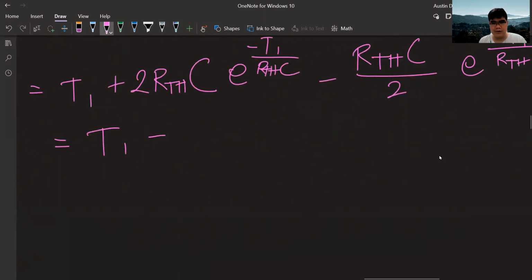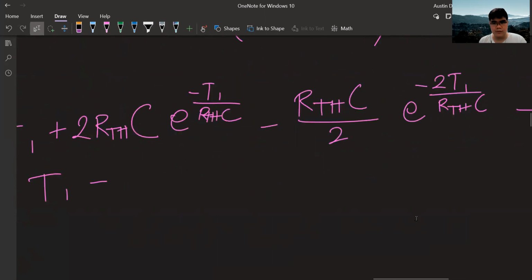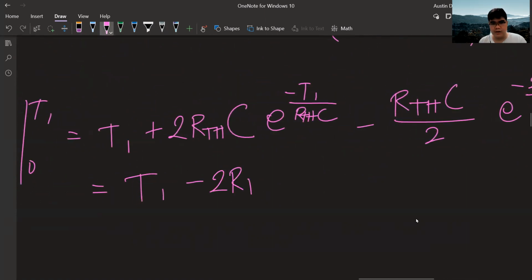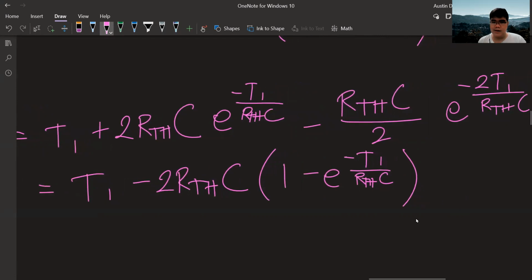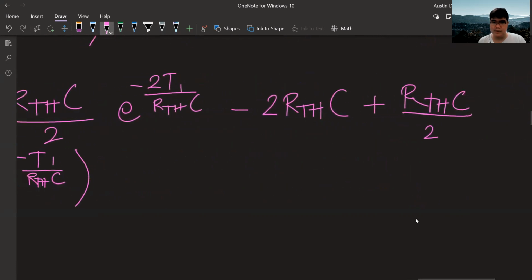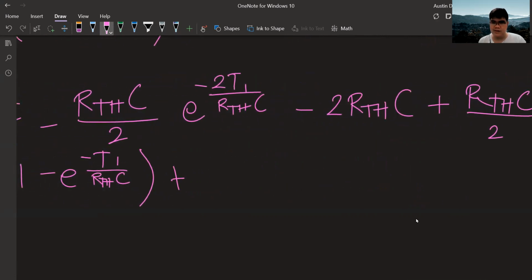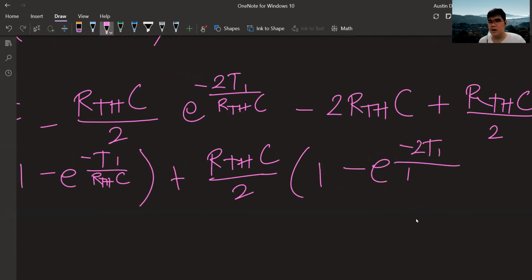So t1 minus 2 R_th C times 1 minus e raised to negative t1 over R_th C, and then the other guy is plus R_th C over 2 times 1 minus the exponential, which is e raised to negative 2t1 over R_th C, finally.